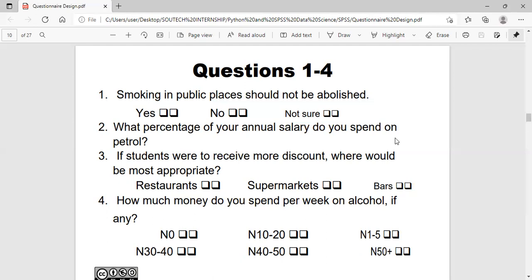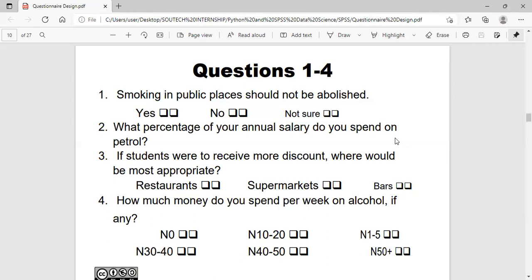And next you have to work out that percentage of your annual salary as well. That's you're also calculating the salary you get throughout the year and then calculating the percentage you use on petrol. This is too long, this is too complex, this is too difficult. People will skip this question. There will just be an empty blank space.